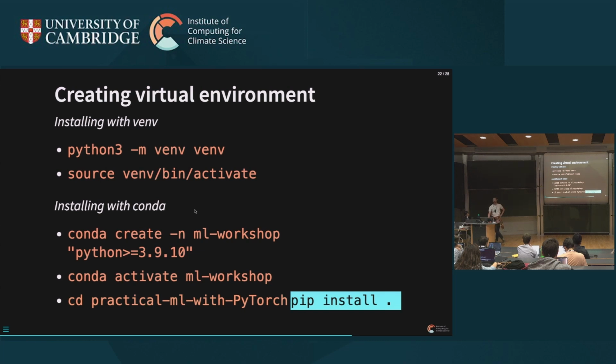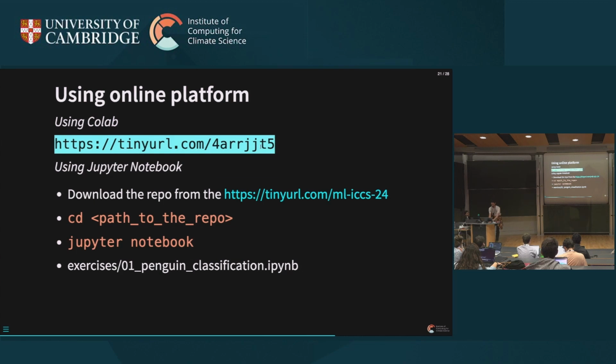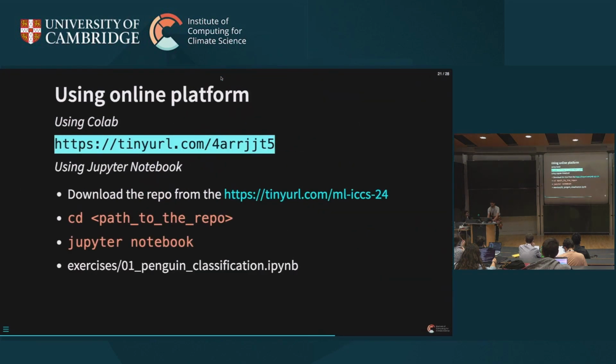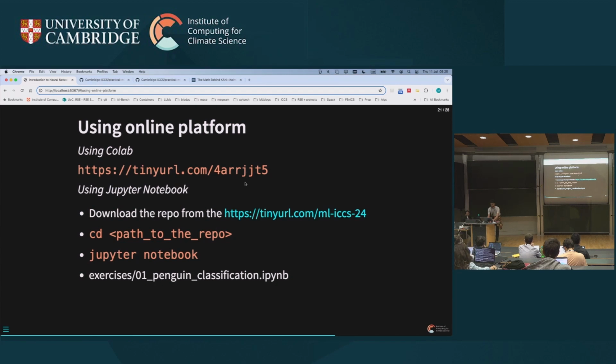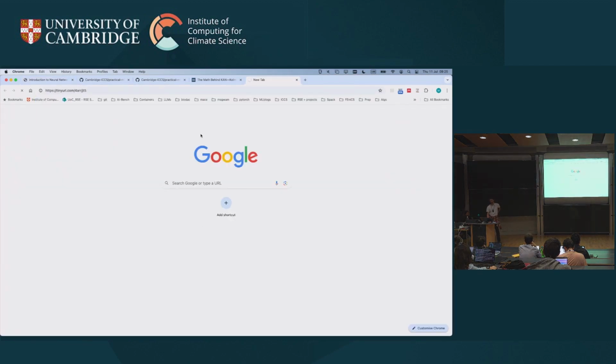So if people don't want to use GitHub or clone it or install it locally, or you haven't got enough space on your computer, just follow this link onto Colab, and all the materials are there as well. So if you want, you can just bypass all of the GitHub side and directly open the material on Colab.